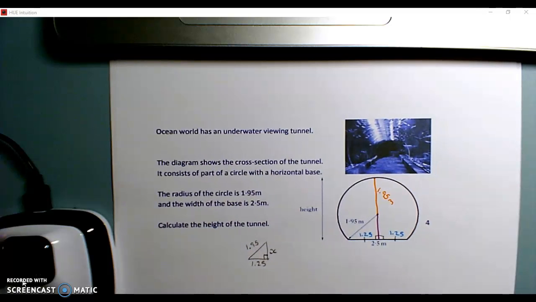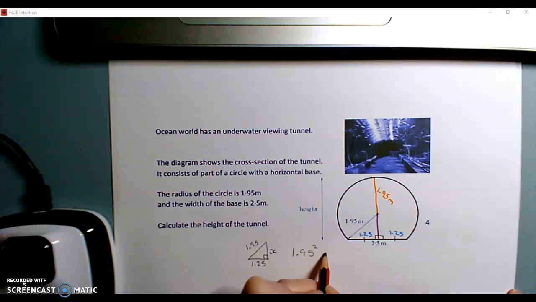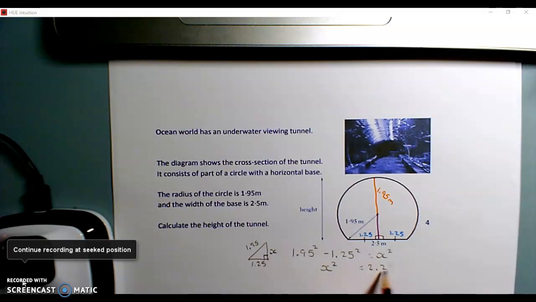So I'm going to use Pythagoras' theorem. So I'm trying to find a shorter side. This is 1.95 squared minus 1.25 squared, and that will give me x squared. When I work that out, the 1.95 squared minus 1.25 squared gives me 2.24.